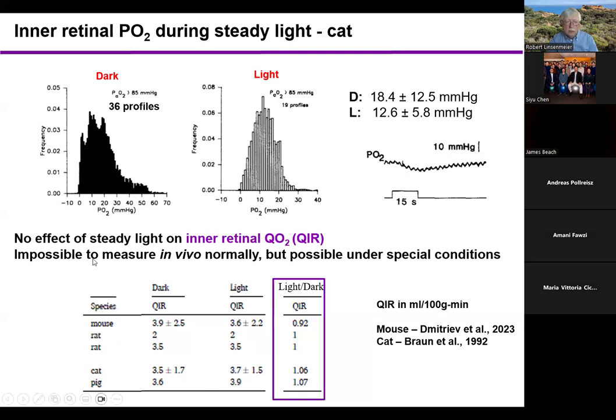But our work, which was done on isolated mouse retina and on cat retina, and these three other studies on rat and pig, all indicate that there's really no difference in oxygen consumption in steady light as there is in darkness. The ratios are very close to 1. So while the PO2s may be a little lower, that doesn't seem to affect oxygen utilization.